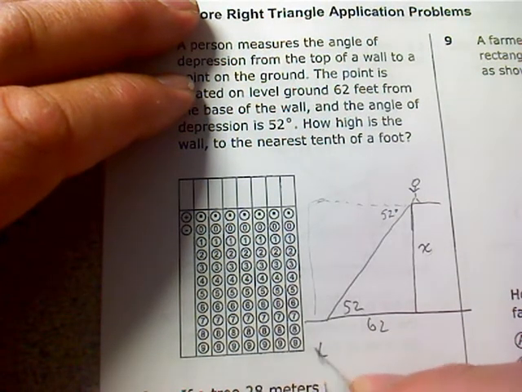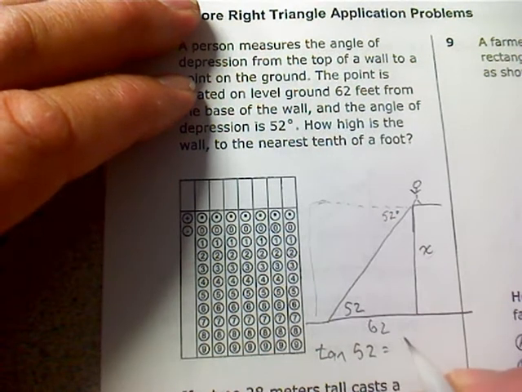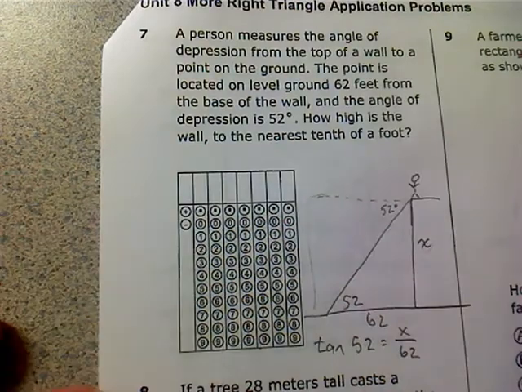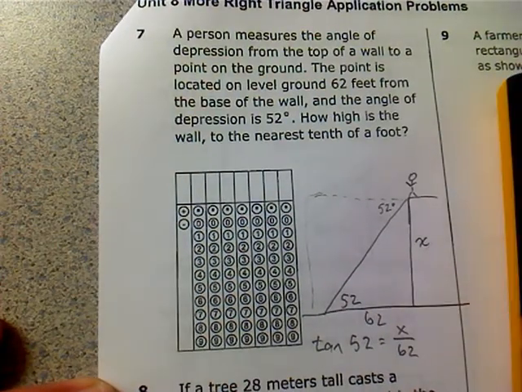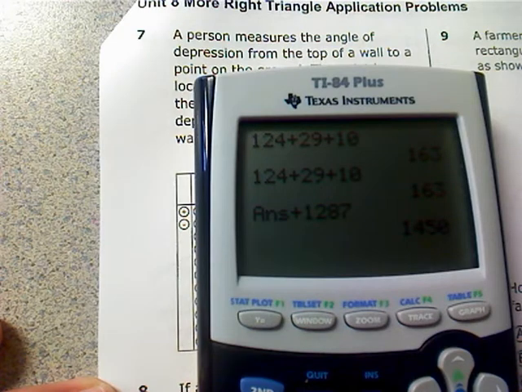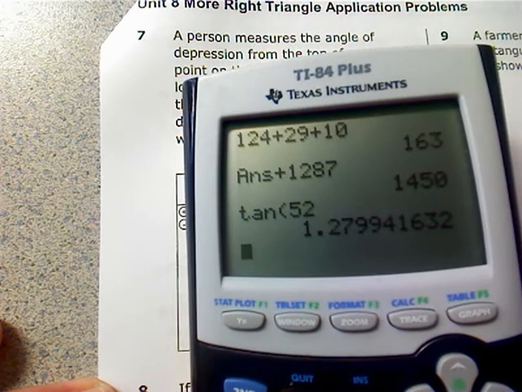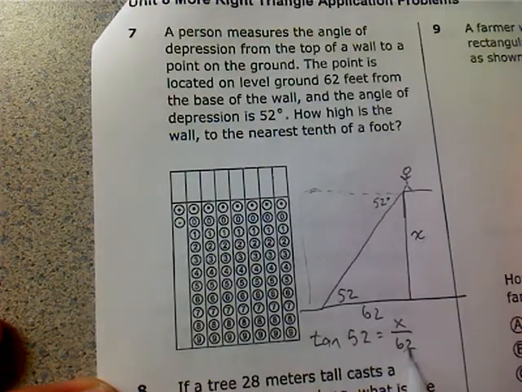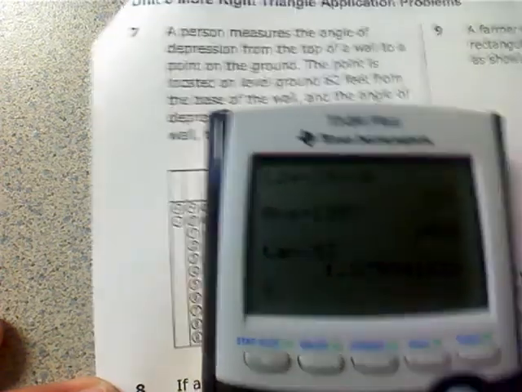That tells me that the tangent of 52 equals the opposite over adjacent. So the tangent of 52 is that, and I need to multiply that number by 62 when I solve for x.